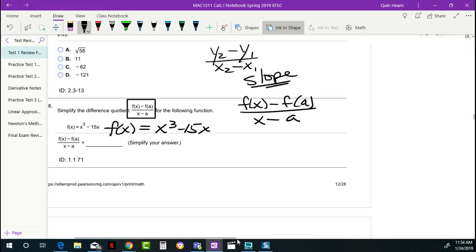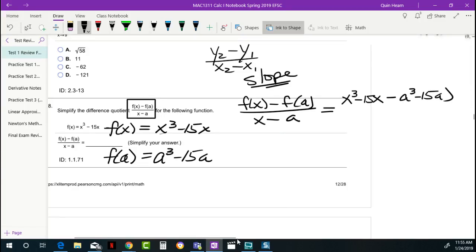So first of all, f of x is just going to be x cubed minus 15x. And f of a is just going to be a cubed minus 15a. So in the numerator, we are going to have x cubed minus 15x minus a cubed minus 15a. But remember that you're subtracting the whole thing, so that negative is going to apply to everything.